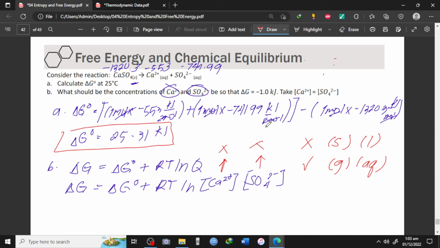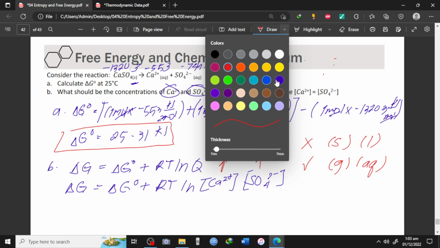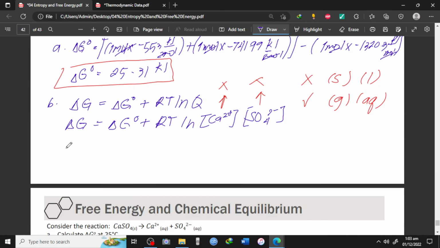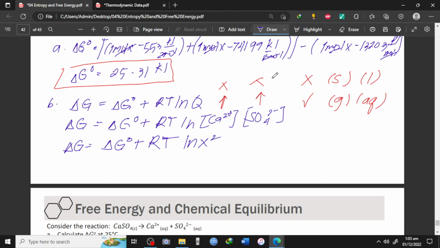So in that case, simplify pa natin yung formula natin. Nagde-derive tayo ng equation dito. So delta G is equal to the standard free energy plus RT ln of x squared. Kasi x times x, that is x squared. Lagyan lang natin ng parenthesis.